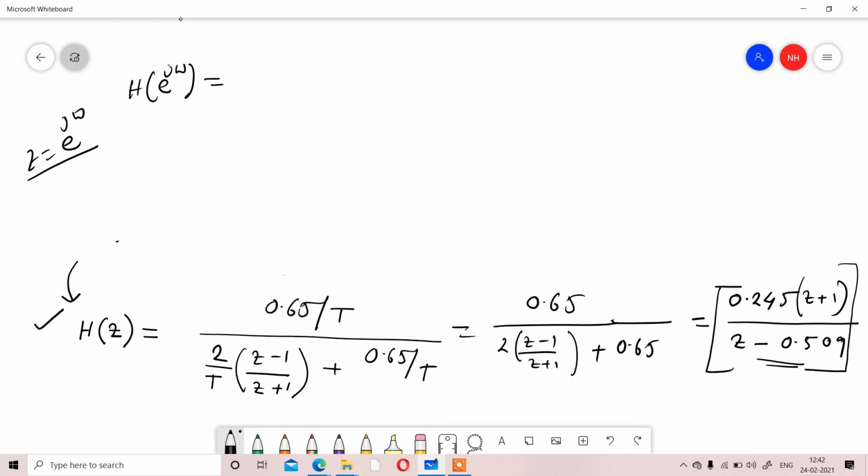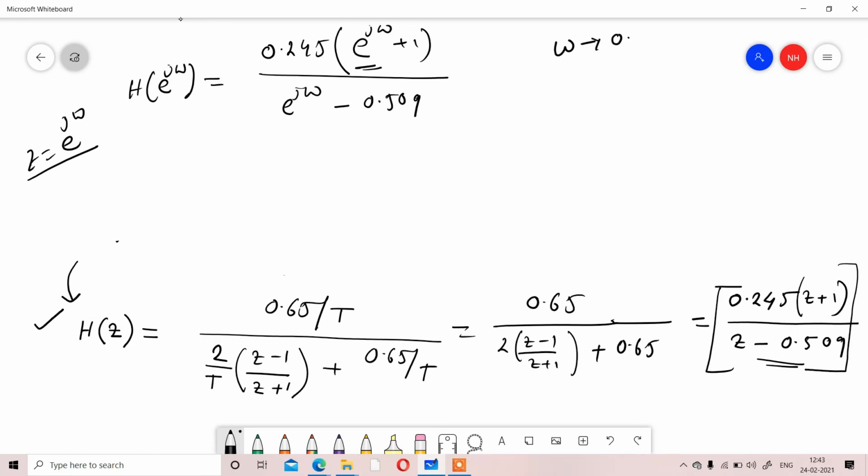The same process: you have to calculate the magnitude of 0.245 times e to the power j omega plus 1 over e to the power j omega minus 0.509. Here simply represent e to the power j omega equal to cos omega plus j sin omega, as I have told you in a few previous classes, where you represent the value of omega as 0.2 pi.